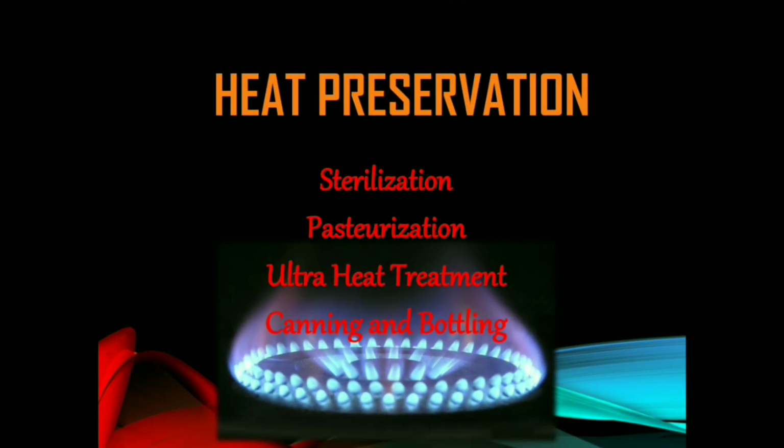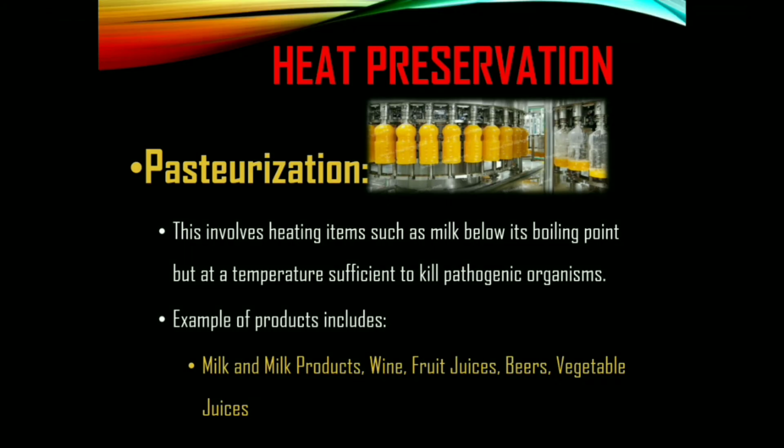First up, let us look at heat preservation. For heat preservation, there are 4 different methods. There are sterilization, pasteurization, ultra heat treatment, and also canning and bottling. Now, what is pasteurization?